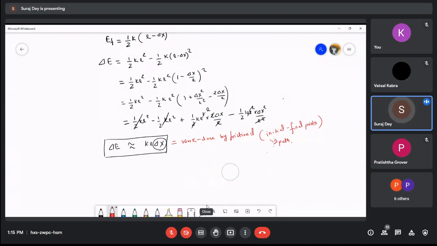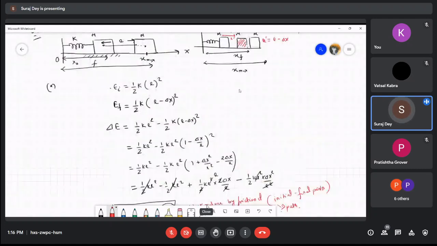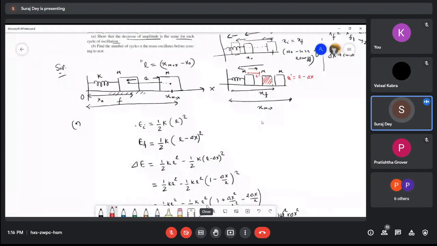So here is one example where normally the work done would have been 0 because my displacement is 0, I come back to my initial point. But because friction depends on the path, the work done depends on the fact that the block started here and came back to here. So let's look at the total path length of the block. It starts from here and goes back to the equilibrium point, and it covers a distance L because that was the amount that was stretched.